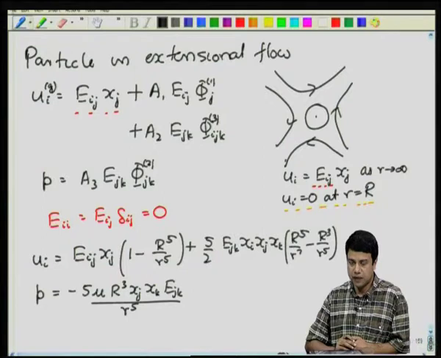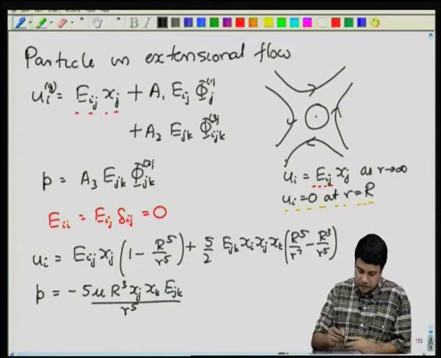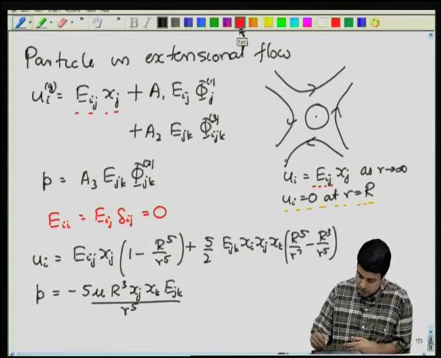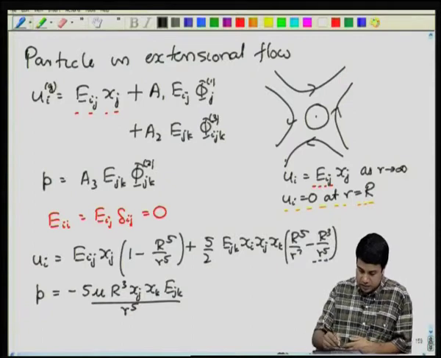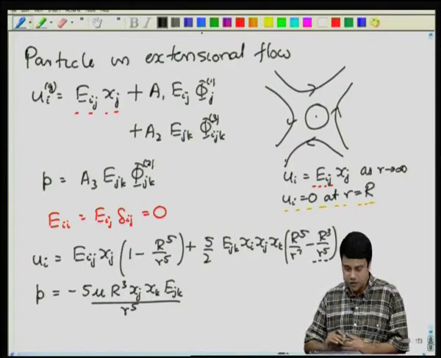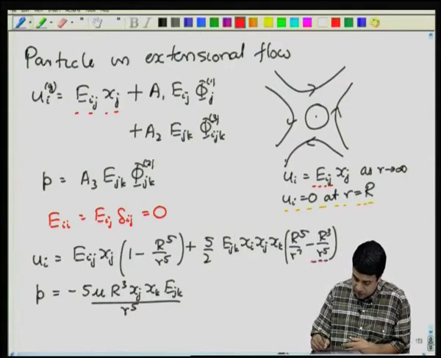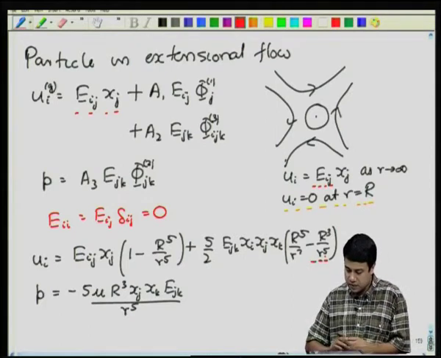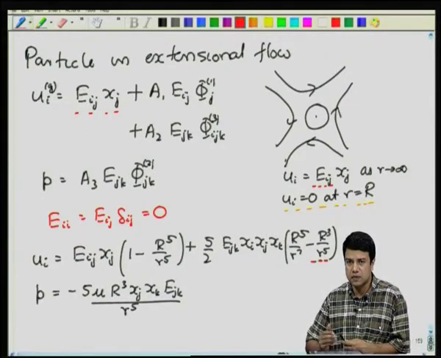Note that the slowest decaying part of the disturbance to the velocity field is this one. That is because this part of the disturbance goes as r cubed by r power 5 times xi xj xk. Xi xj xk goes as r cubed. X1 is r sin theta cos phi, x2 is r sin theta sin phi, and x3 is r cos theta.